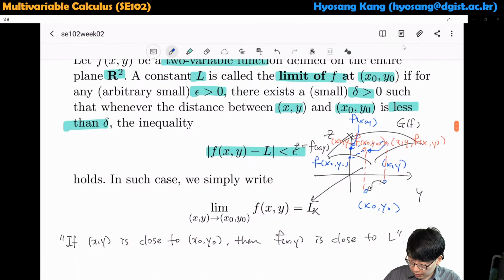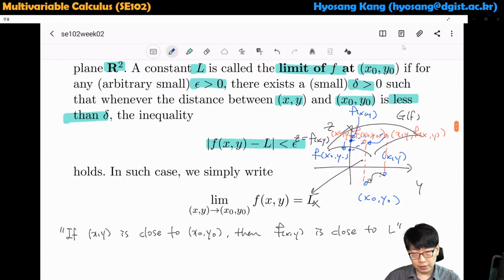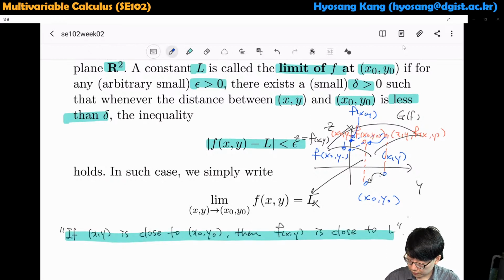If you're looking at the value of the z coordinate, then it simply moves towards the z coordinate at (x0, y0). So this is what the statement says in this picture.